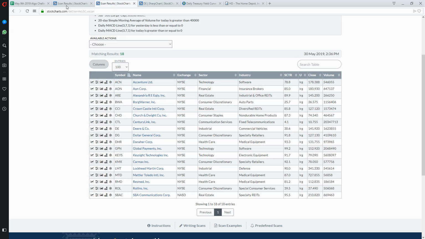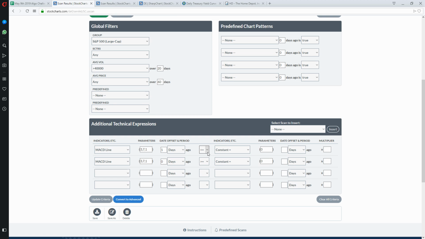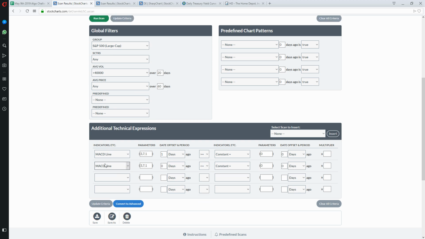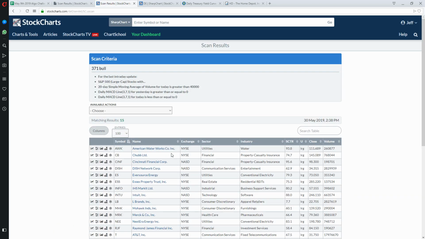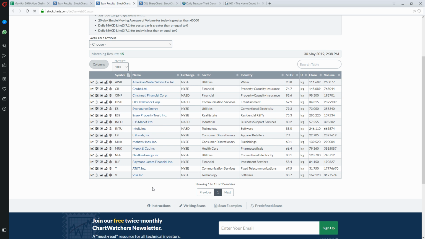Okay, but those are the upsides. The downsides here on the S&P, the 3-7 crossovers to the downside, and again, these aren't signals or anything like that. I'm just showing this as I was asked to, and I'll try to show this every day. But you can see downside AT&T, which is on the watch list.